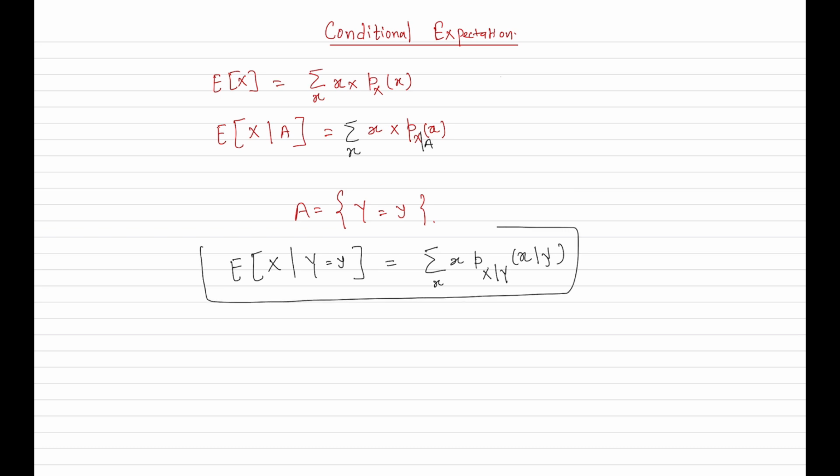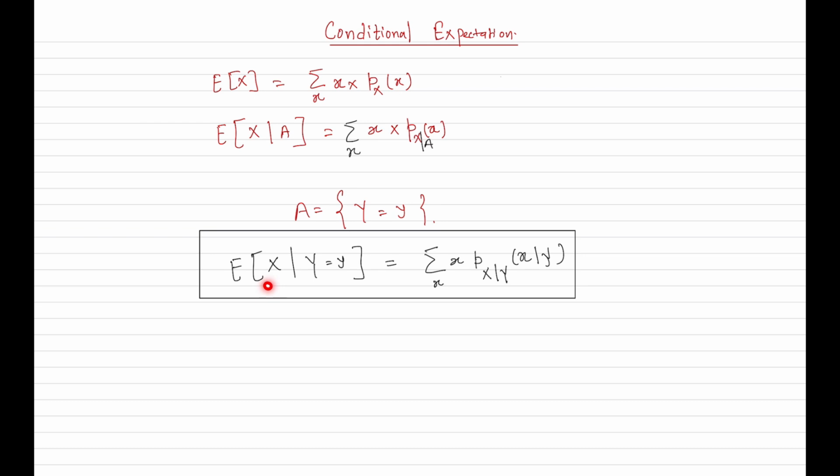So this is the conditional expectation in the case of two random variables, and we can extend the same idea to multiple random variables. So the conditional expectation of random variable x given that y takes on a certain value is defined as the usual expectation, except that now we use the conditional probabilities.